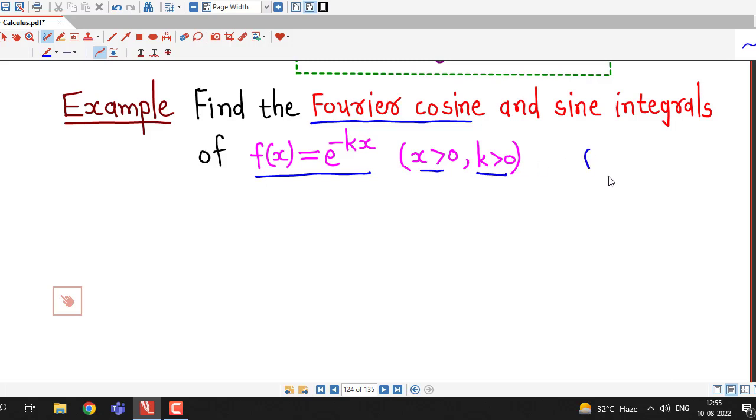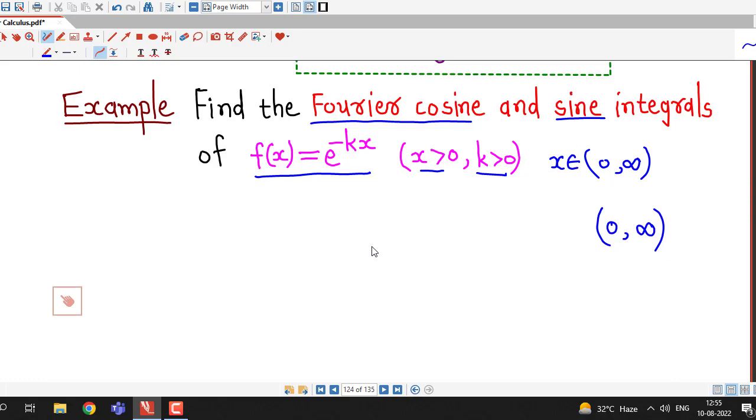X is positive means we have to consider Fourier cosine integral on the interval 0 to infinity. Whenever we have question of Fourier cosine or sine integral, our function will be defined in the half range, that is from 0 to infinity.